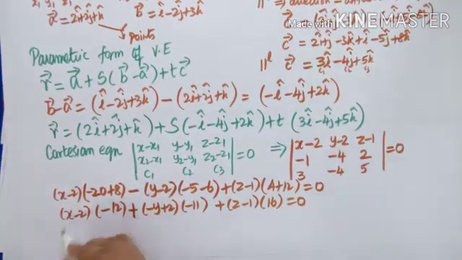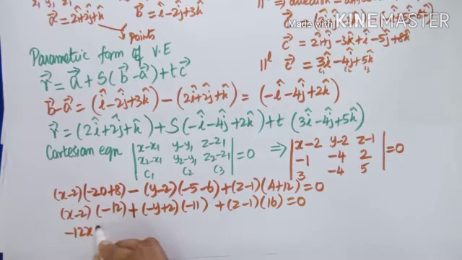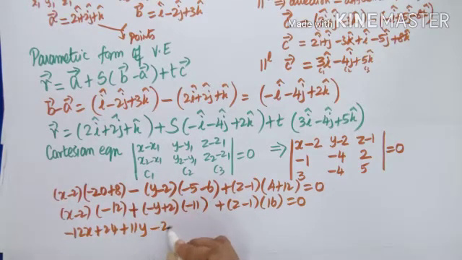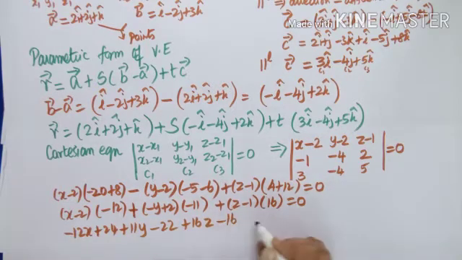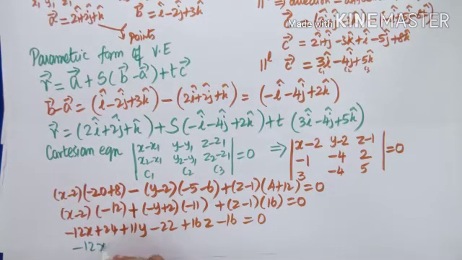Expanding, minus 12x plus 24 plus 11y minus 22 plus 16z minus 16 equals to 0. Rewriting the equation, minus 12x plus 11y plus 16z, 24 minus 22 is 2, 2 minus 16 is minus 14, equal to 0.